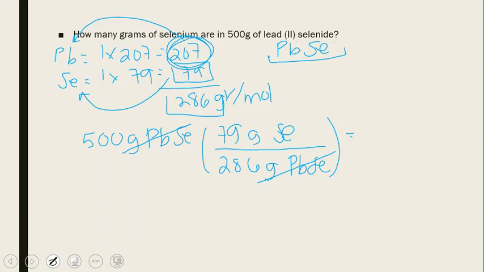Multiply the numbers on top and divide by the molar mass. It's my result. Grams of selenium. And that's it.